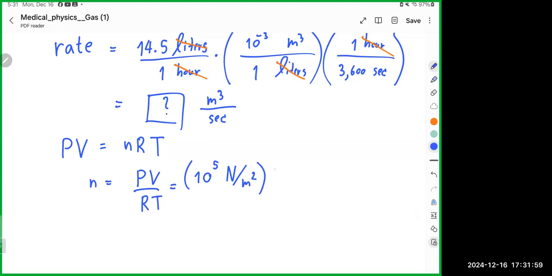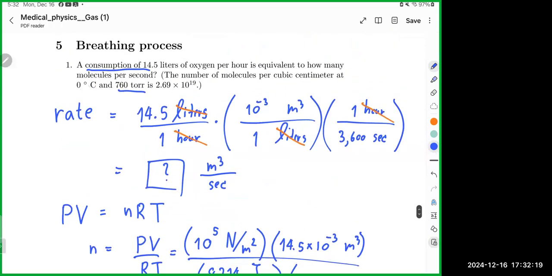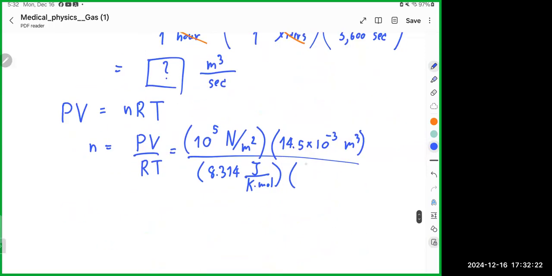And the volume right here is 14.5 times 10 to the minus 3 cubic meters, divided by 8.314 joules per Kelvin mole. And the temperature right here at 0 degrees Celsius is 273 Kelvin. It's very important because you use the Kelvin unit. Okay.